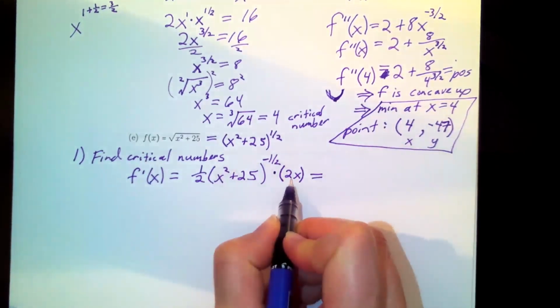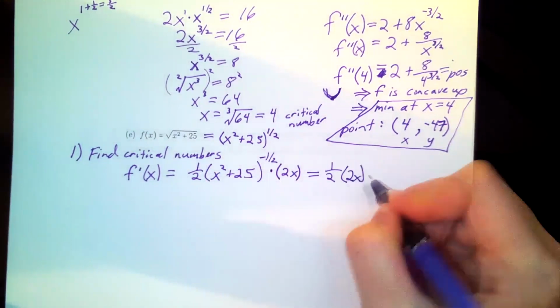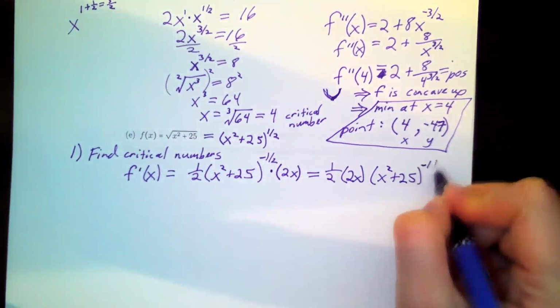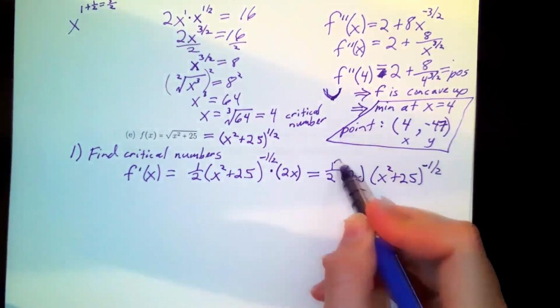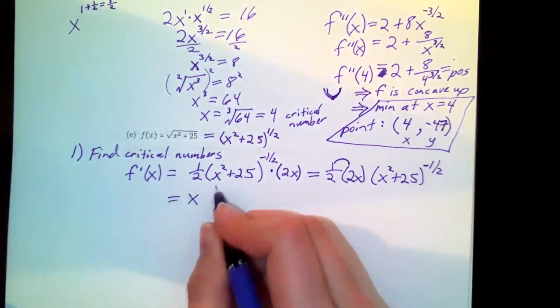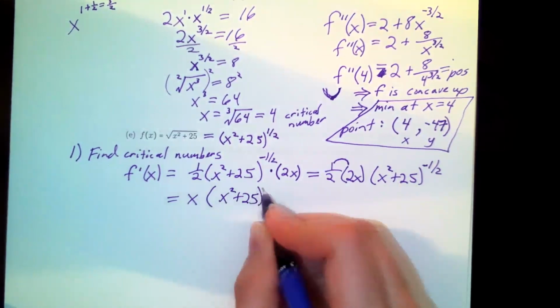Let's take this 2x and move it to the front. This becomes 1/2 times 2x times x squared plus 25 to the negative 1/2. So what I'm going to do is multiply this 1/2 times a 2. That gives me 1. So I have x times x squared plus 25 to the negative 1/2.